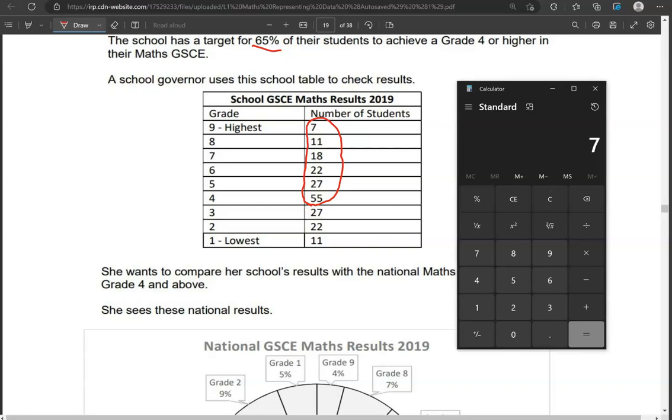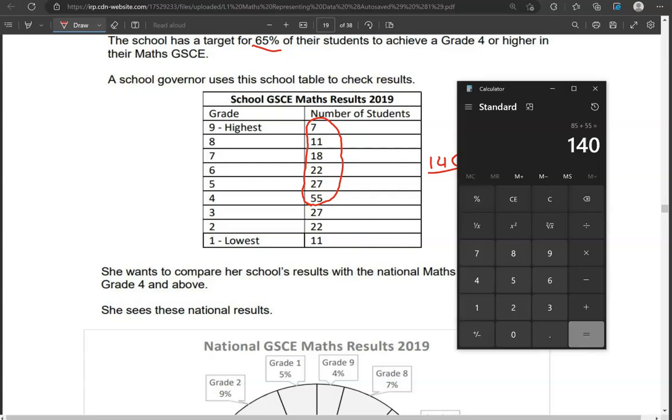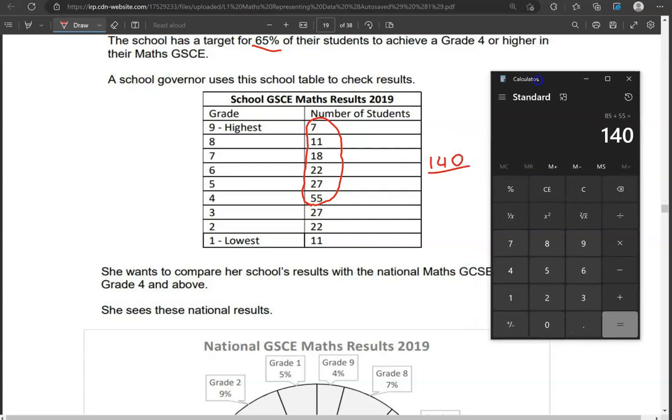So we have 7 and 11 and 18 and 22 and 27 and 55 students, so that is 140 of them. Out of the total, which is 140, add 27, add 22, add 11, which is 200.